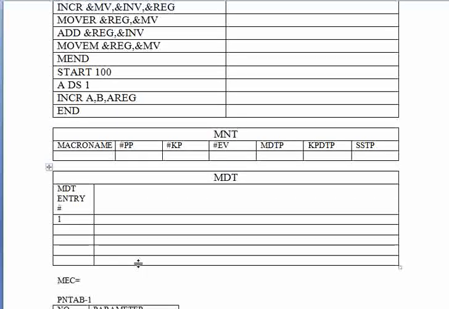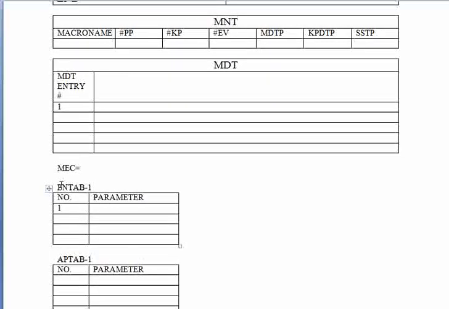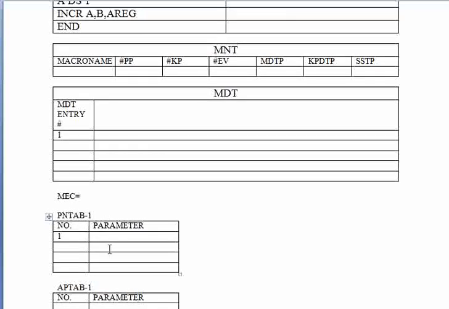Then we also require another table, PNTAB, which stands for parameter name table, which keeps the parameters that appear in our macro. Whether positional or keyword with default values, all of them are entered into this parameter name table. The parameter name table is overwritten for every macro.